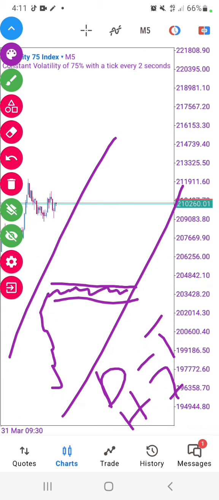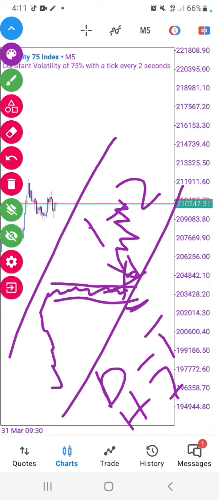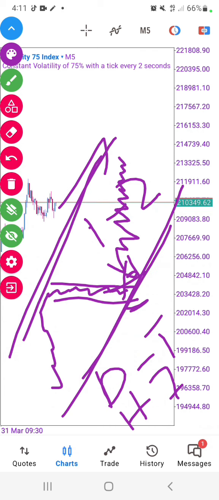We wait for the market to break, come back and retest it, and then we execute with the stop loss below, and we target 1 to 2. This means M5 will be forming an uptrend when we are going with the H1 direction.